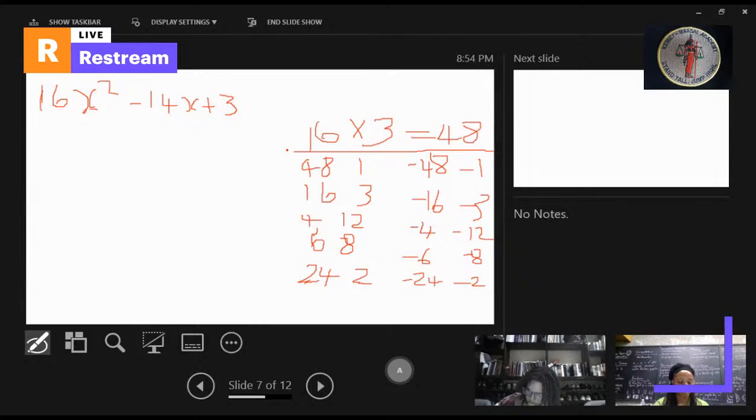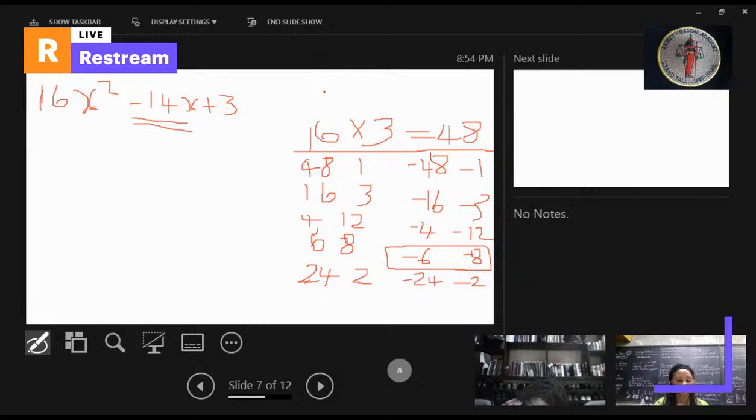Then we look at which of them add to give negative 14. That would be negative 6 and negative 8. So what do I do after?